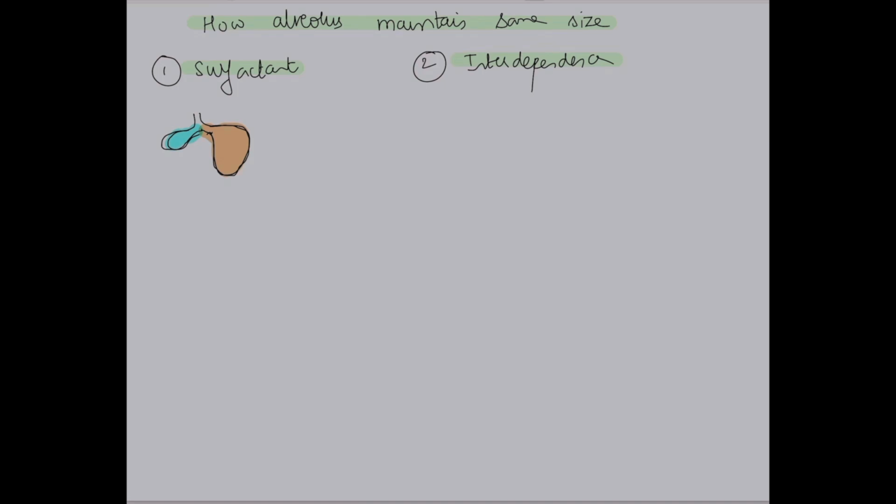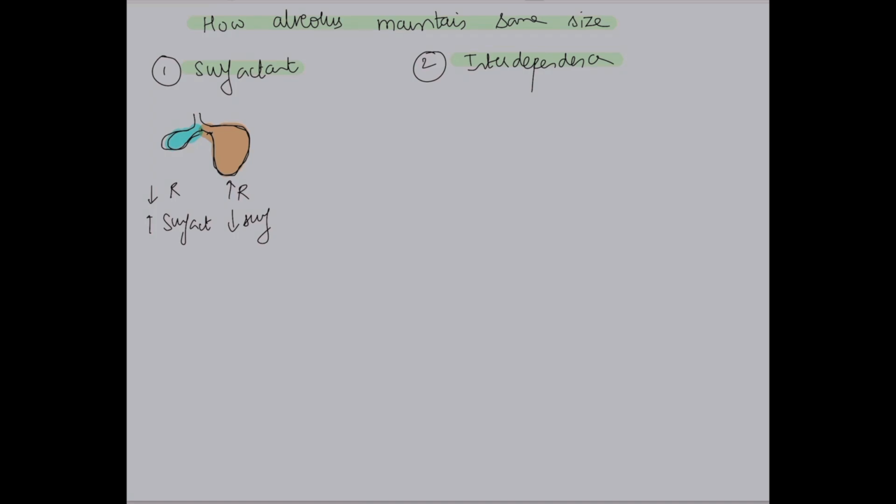Now, as the alveolus becomes smaller, the concentration of the surfactant increases. Opposite for the large alveolus. As the alveolar size increases, the concentration of the surfactant decreases. So, now the small alveolus, which is becoming smaller, the surfactant concentration will increase.